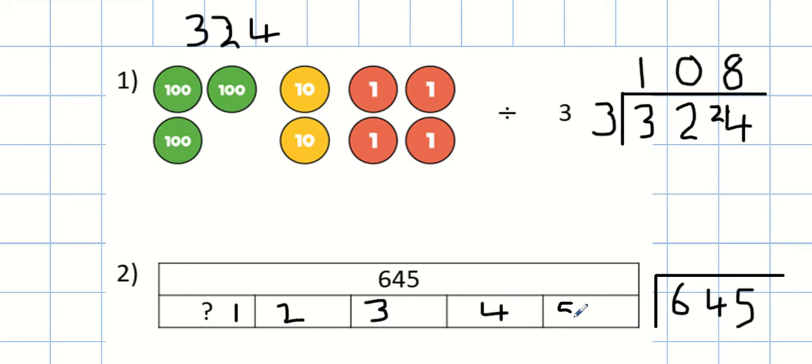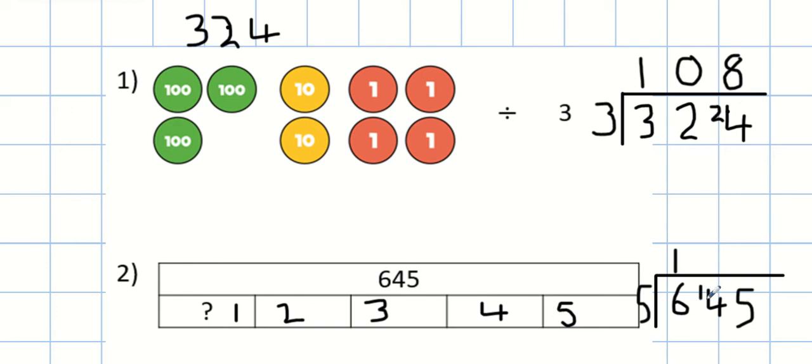So I'm going to be splitting my 645 into 5 groups. If we use the same method we used up here, and I've placed my bus stop correctly, how many 5s go into 6? Well, I know that's going to be 1. And then how many do I have left over from 5 to 6? Well, I've got 1 left, so I'm going to exchange my 1 next to my 4.